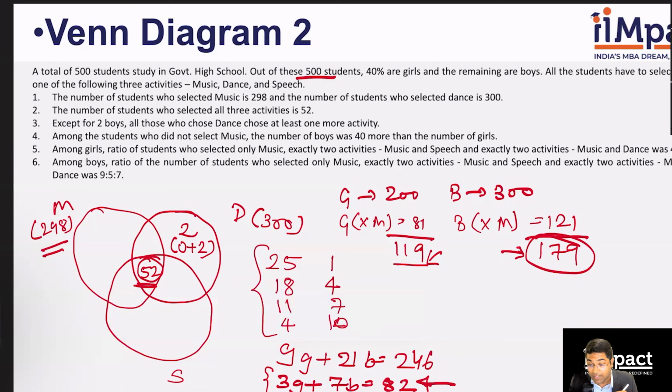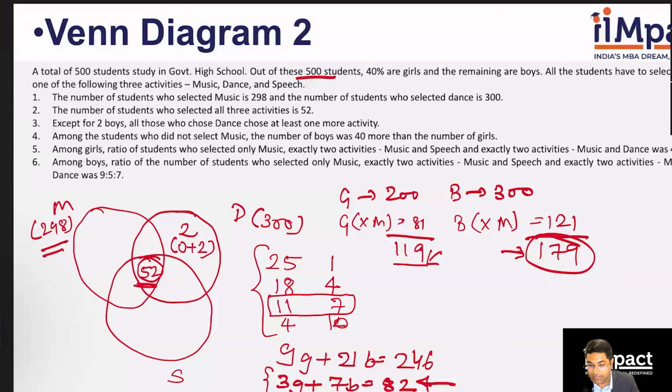Now when I apply those constraints which we were discussing, 9G has to be less than 119 and 21B has to be less than 179, we will get that this is the only possible combination.